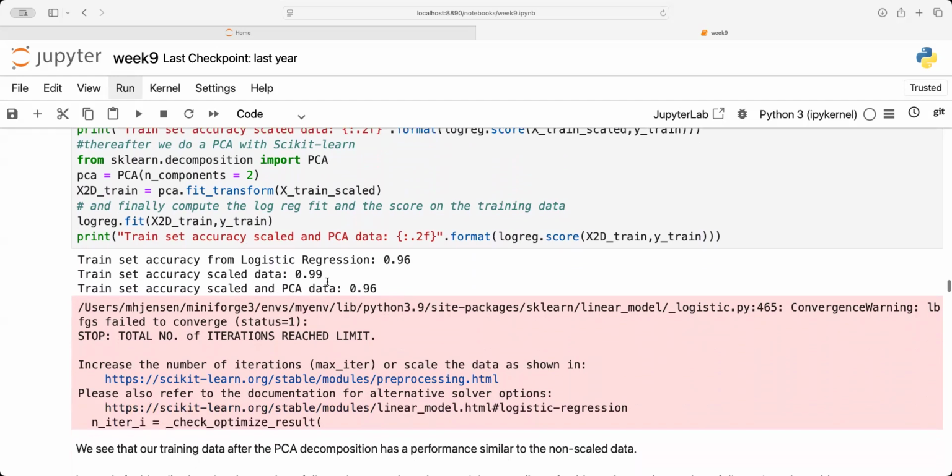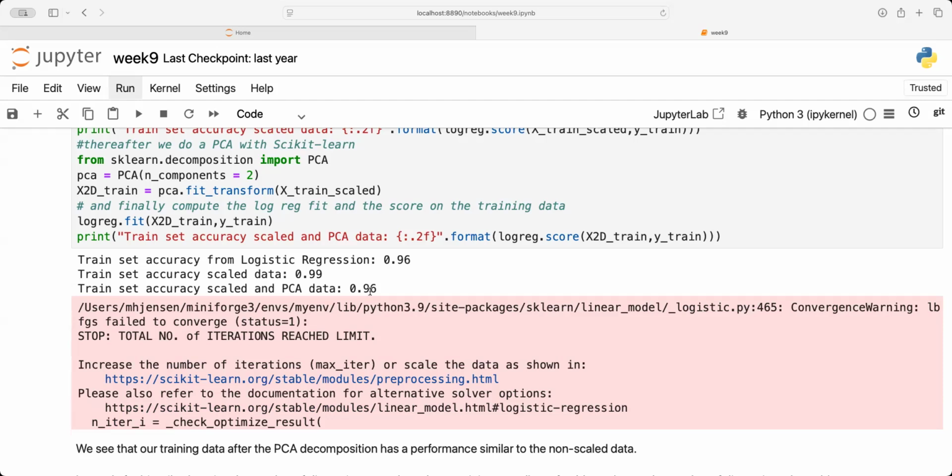And you see this fit is actually not bad. If I take the full data, I get an accuracy of 99% on the training data. If I now reduce this from 30 features down to 2 with PCA, I get 96%.